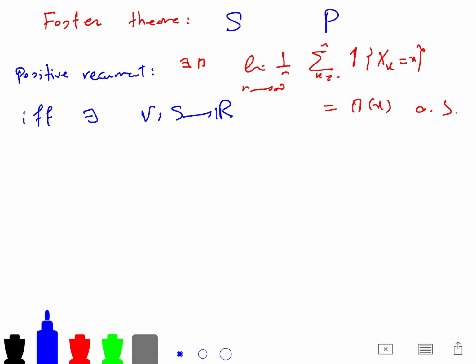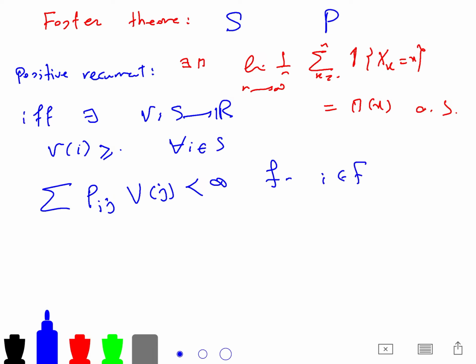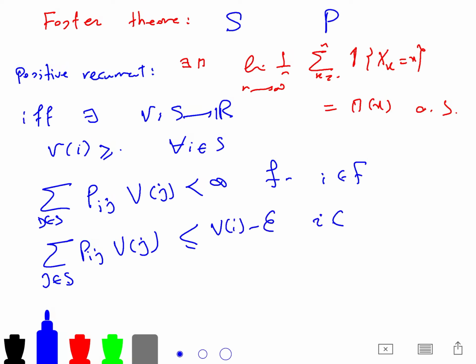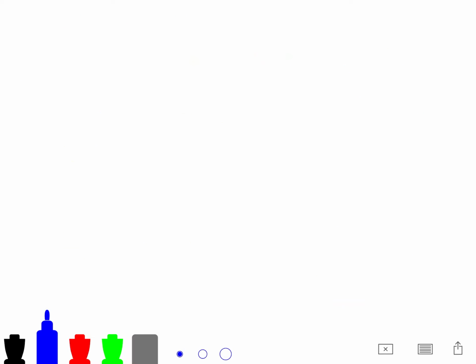So if there exists such a Lyapunov function such that V(i) is greater than or equal to 0, and for any i in S, it satisfies the sum of P_ij V_j is less than infinity for i in F, and the sum over j in S of P_ij V_j is less than or equal to V(i) minus epsilon for all i which is not in F, for some set F. So if i is outside F, it comes here and it stays around. And now you see what the relationship is between those things and probability.